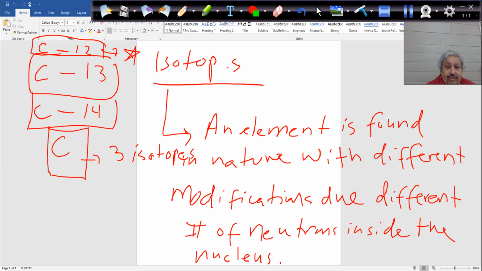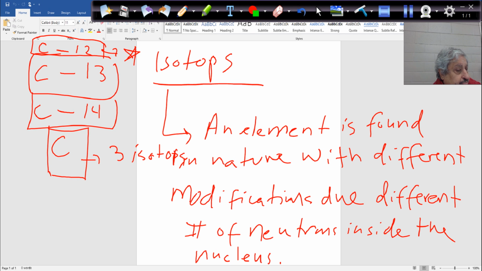Isotopes, C without E, isotopes. We have 3 modifications or 3 isotopes of an element, because carbon found in nature has 3 different modifications.